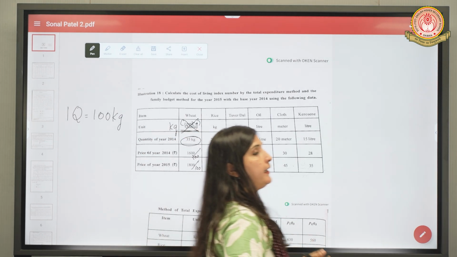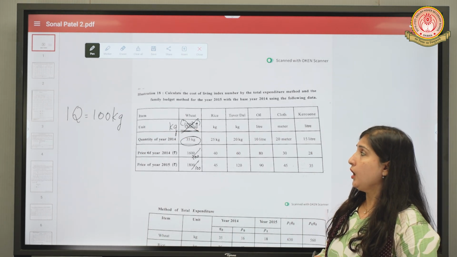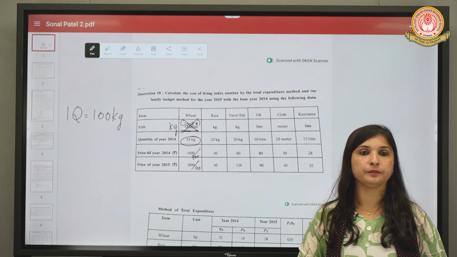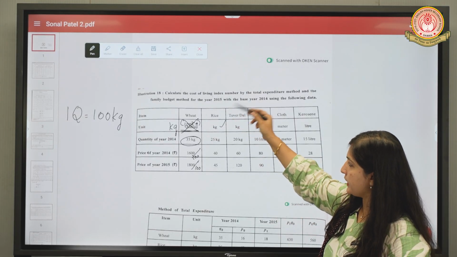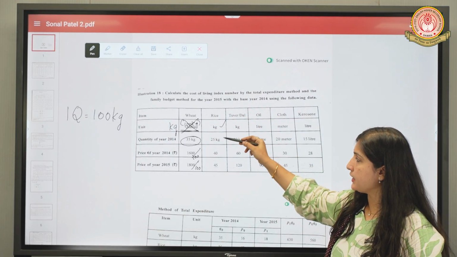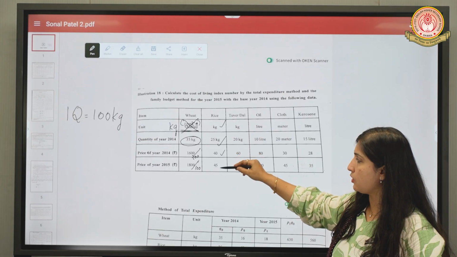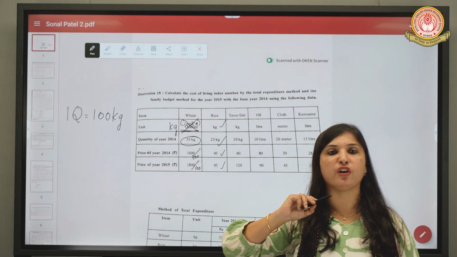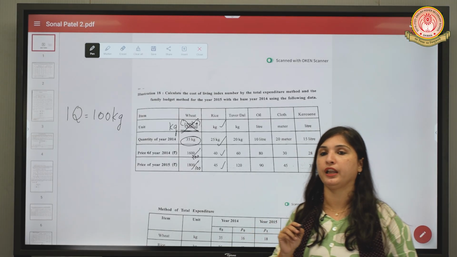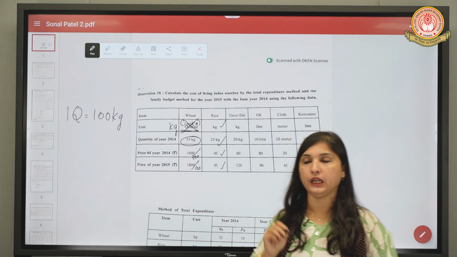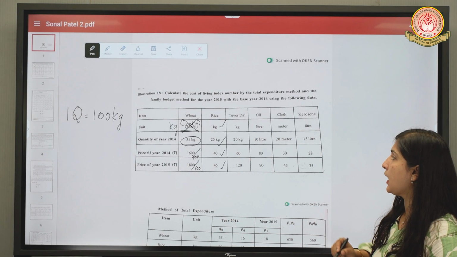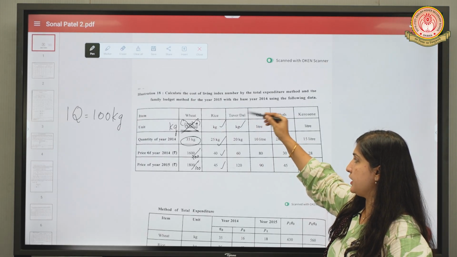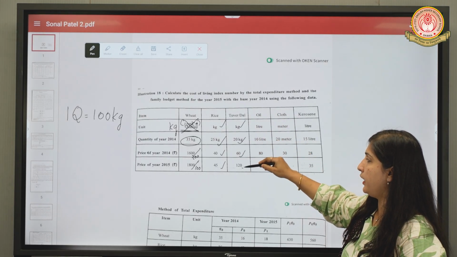Moving towards the next item, rice. The unit is kg, the quantity is also in kg, and this is also in kg, nothing else is written, right? So everything is in kg. Do we need to do any conversion? No, there is no need because everything is already in kg. Moving further, tuvar dal, the unit is kg, this is also in kg, this is also in kg.